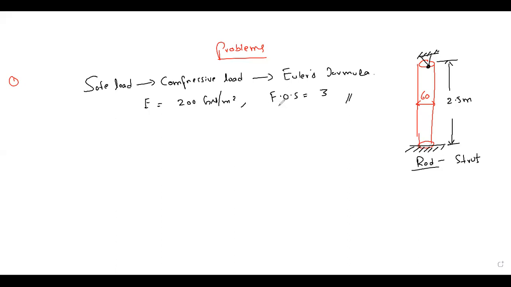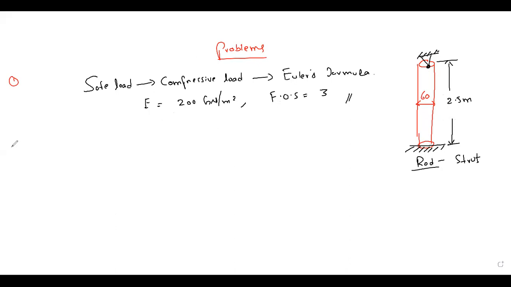This is the problem given. Let us take a solid rod of diameter 60 mm with a length of 2.5 meter, fixed at one end and pinned at the other end. Calculate the safe load carrying capacity of the rod by using Euler's formula, with E as 200 giganewton per meter square and factor of safety as 3.